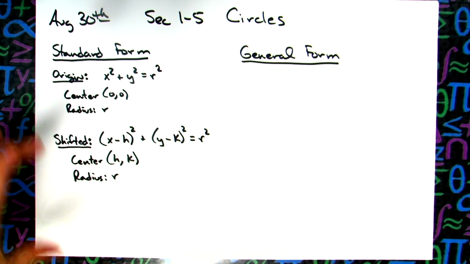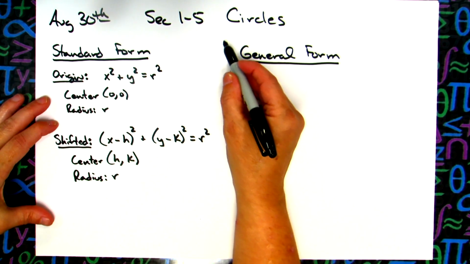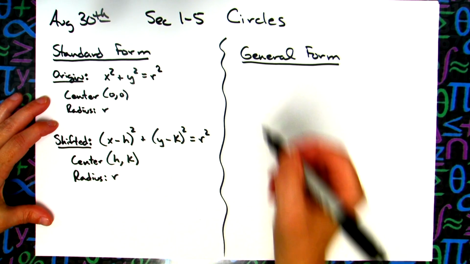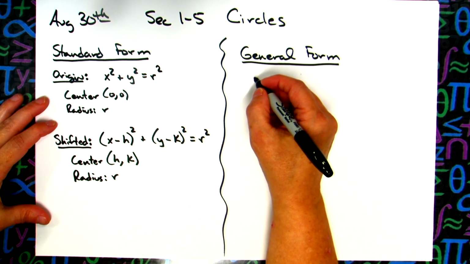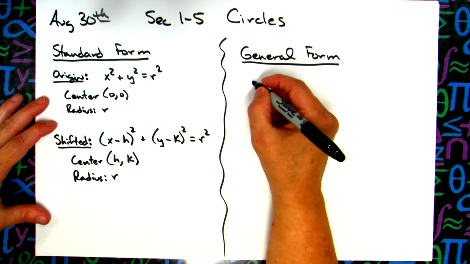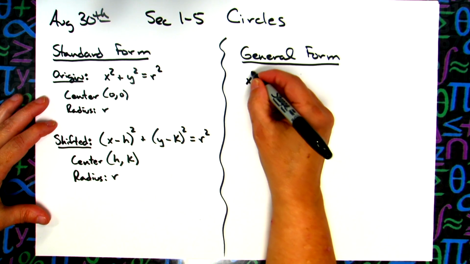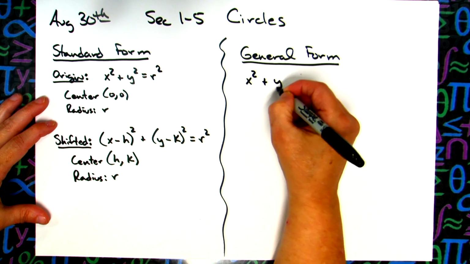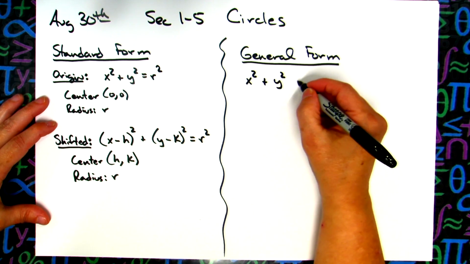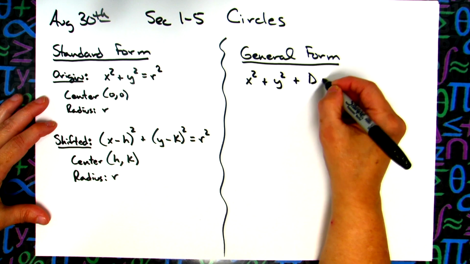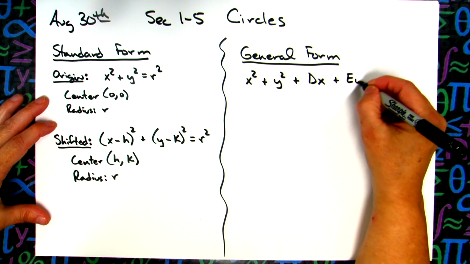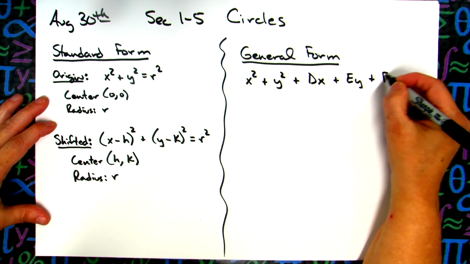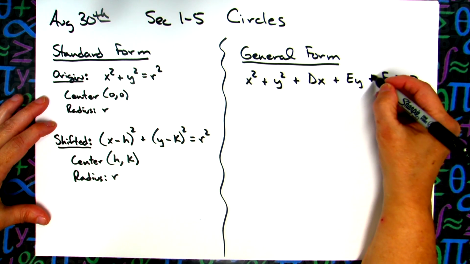Even if some of that is starting to come back from your sophomore year, you may not have done general form. I've seen it written in a variety of ways, but I think your book writes it as Ax squared plus By squared plus Dx plus Ey plus F equals 0.